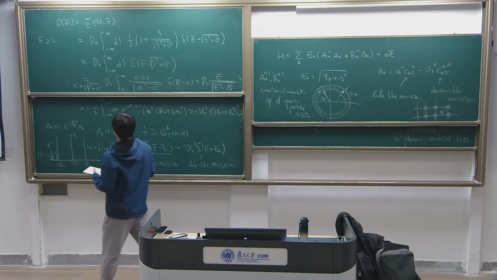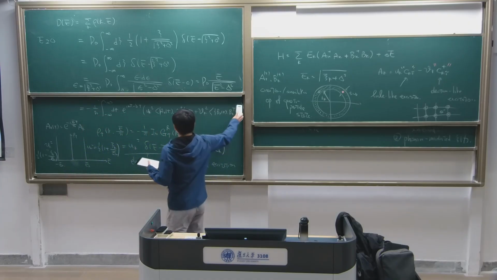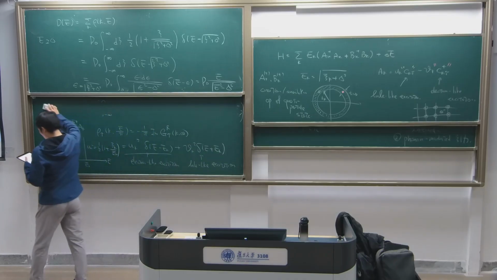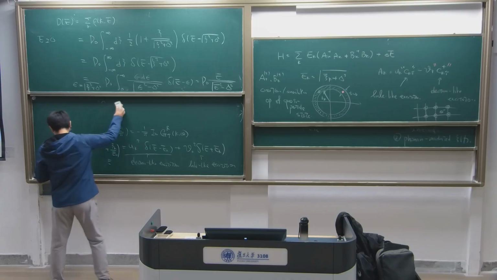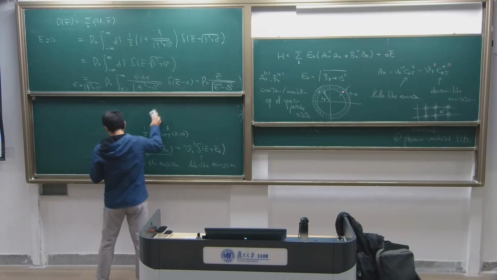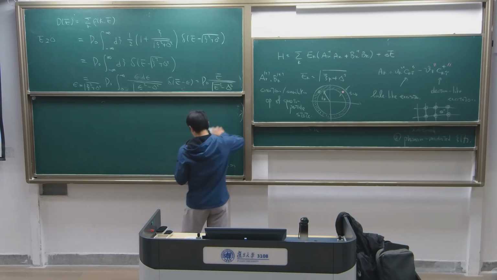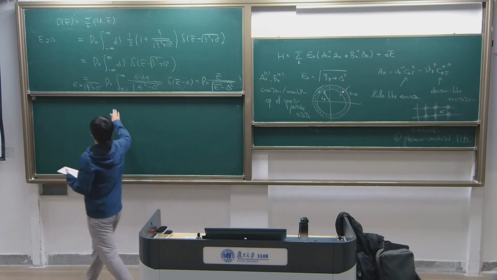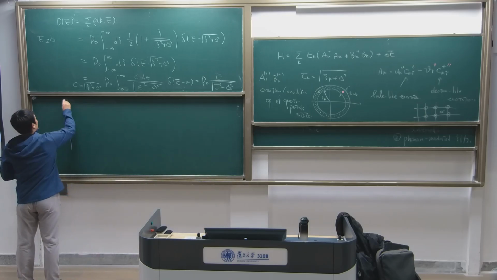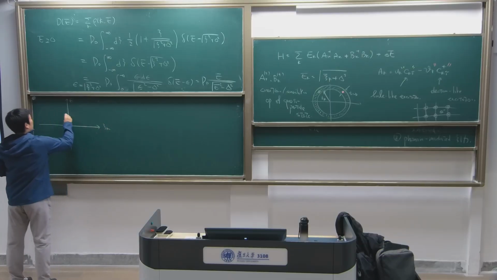So, and you can do a similar calculation for the hole-like excitation. Yeah, by the way, I didn't write, this is E and next dk. So you have delta zero here and delta zero here.